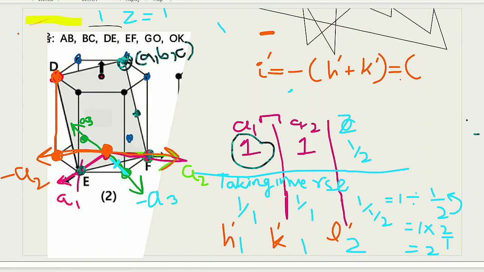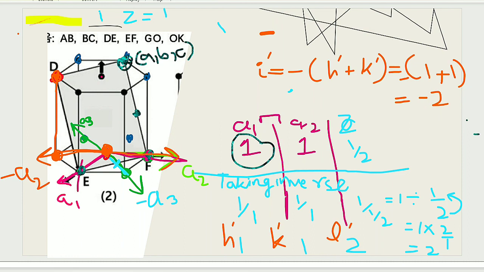So it's negative of H prime, which is 1, plus K prime, which is 1 again, and it is equal to negative 1 plus 1 is 2, so minus 2 is the index.